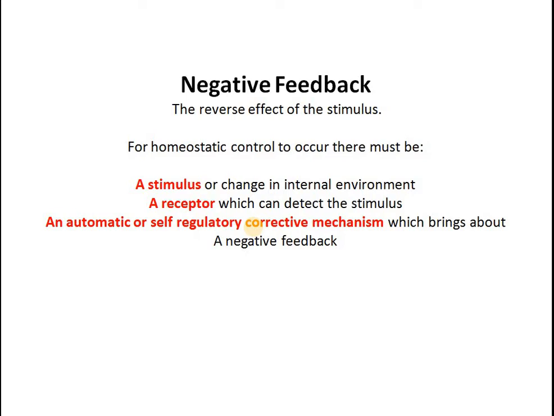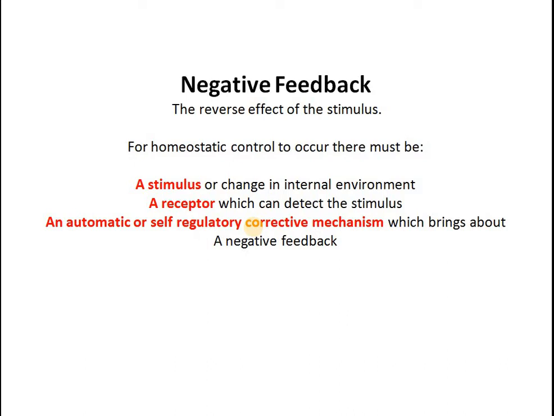As the word negative indicates, it will work against the stimulus, negative to the stimulus, whatever that stimulus is. So whatever these factors are written in red color are actually the components which are required to bring the negative feedback. First, there must be a stimulus.